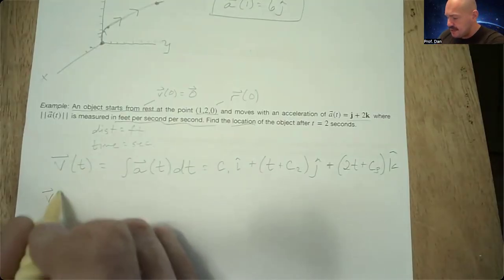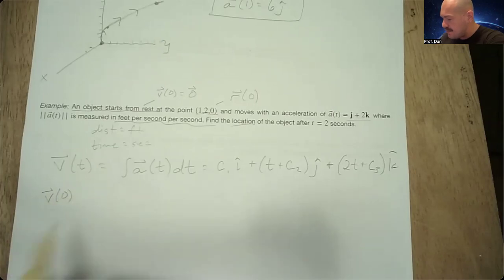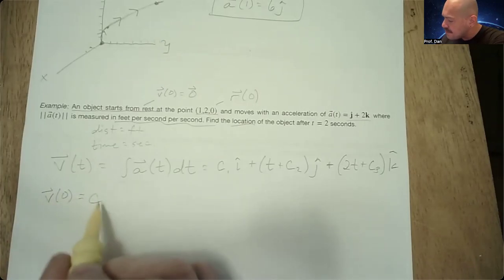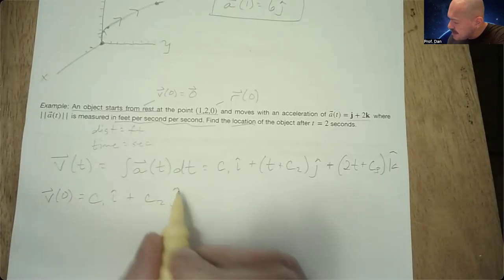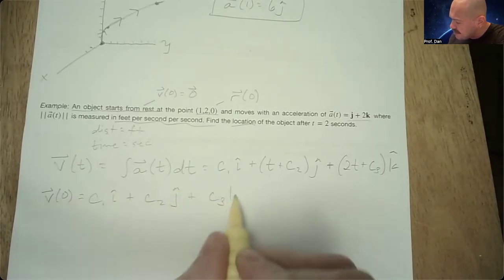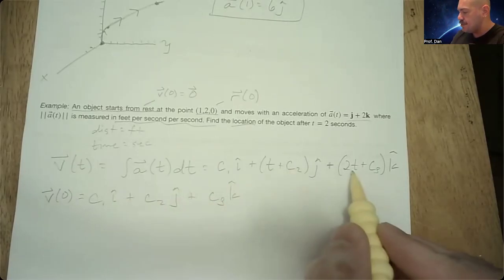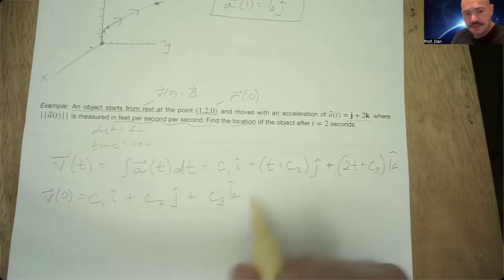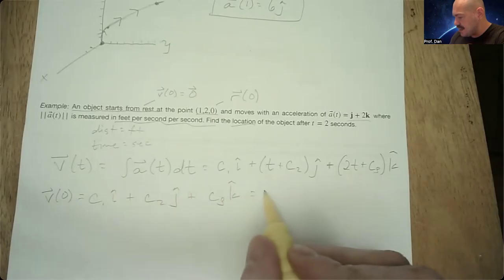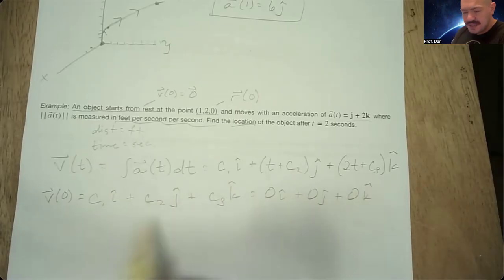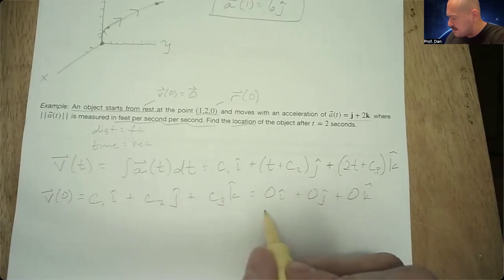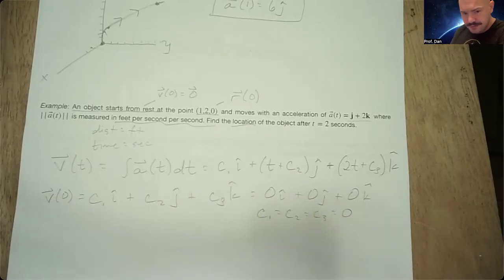Keeping that in mind, I know that if I were to plug zero in for every value of t, it's C1 i plus C2 j plus C3 k, because t is zero, 2 times t is zero. We know that this gives us the vector 0i plus 0j plus 0k, which means that all of these constants of integration that we got were equal to zero.